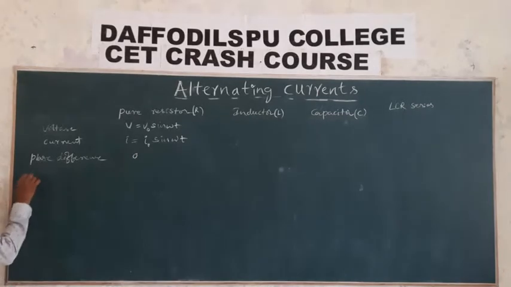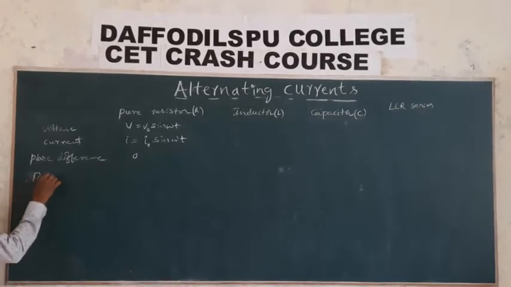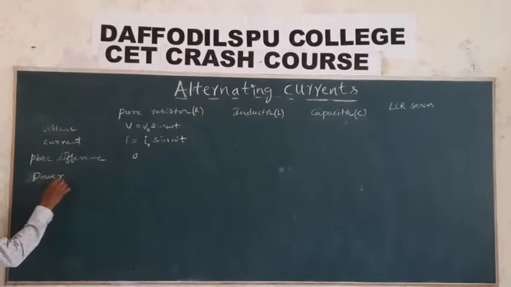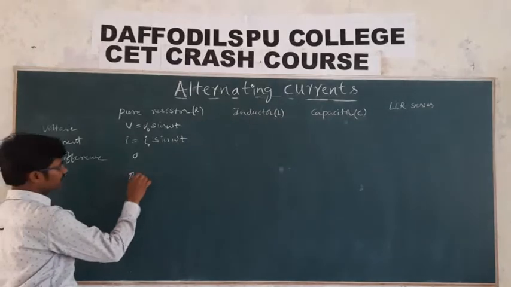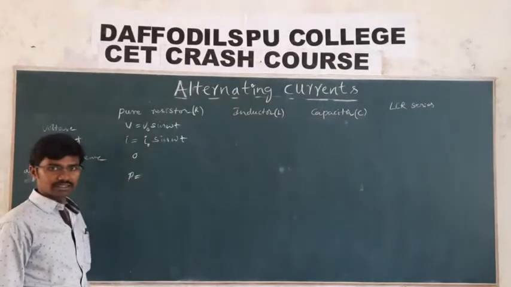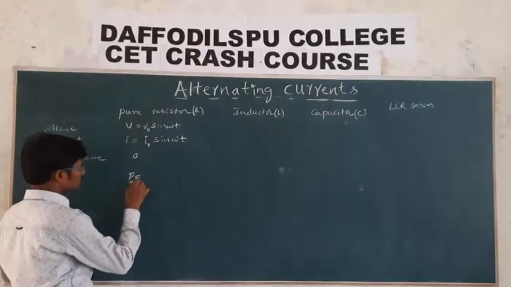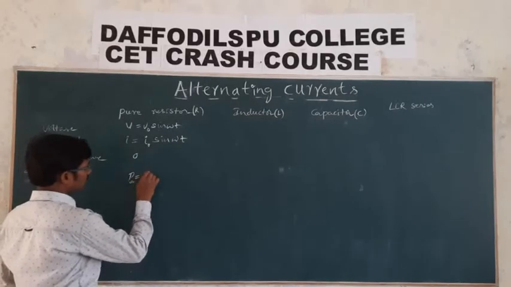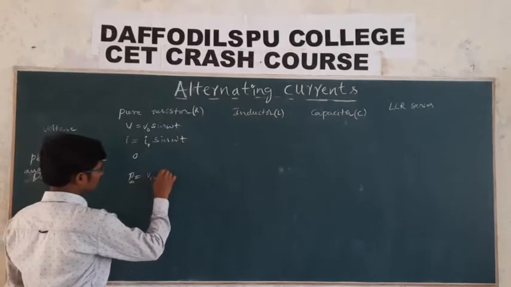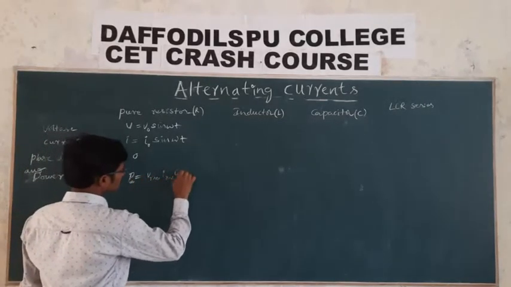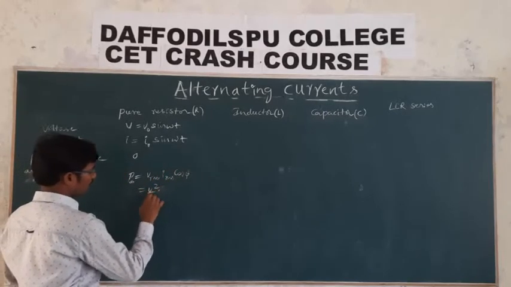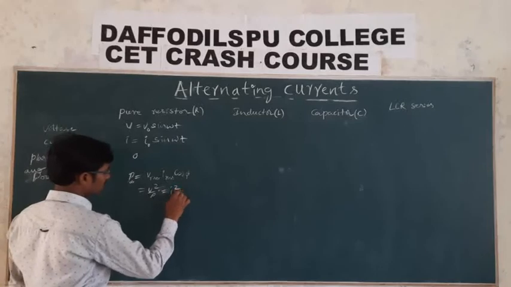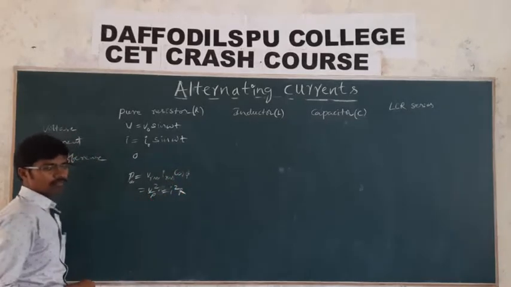Now the average power loss: P average is VRMS into IRMS cos phi. Therefore, V square by R is equal to I square R.